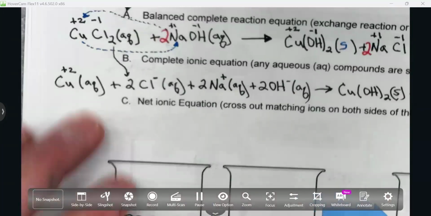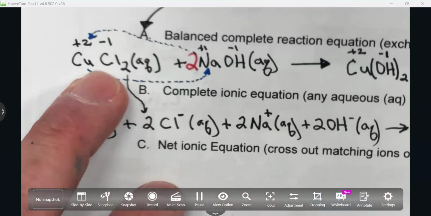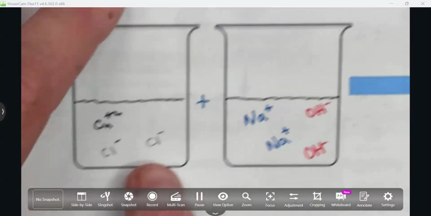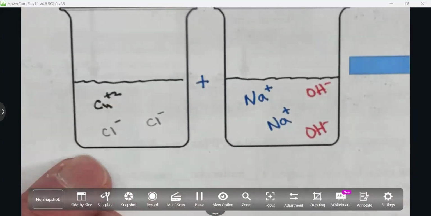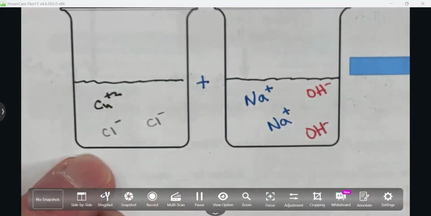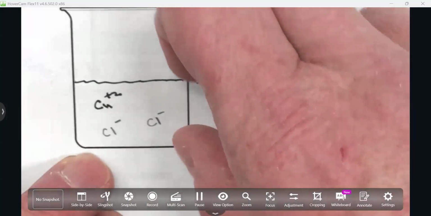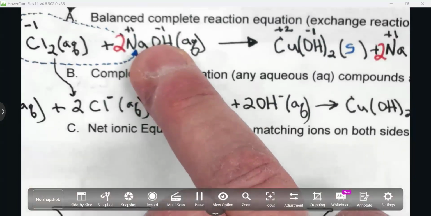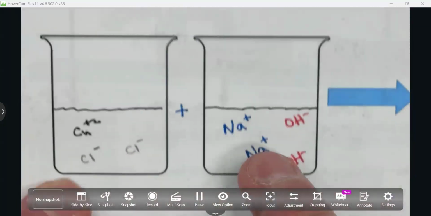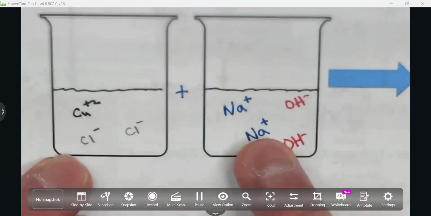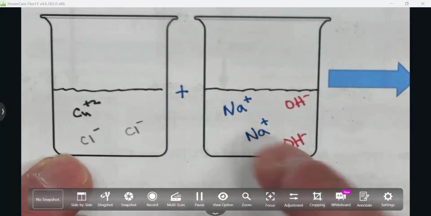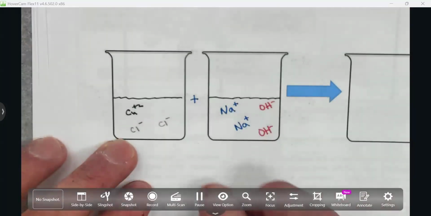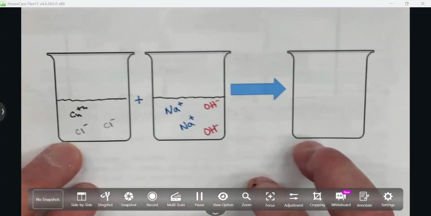This couple that were together, copper 2 chloride, arrived at this house party and got into an argument and split up. This couple right here was a couple, got to the second house party and split up. They're all going to walk separately to the third house party.